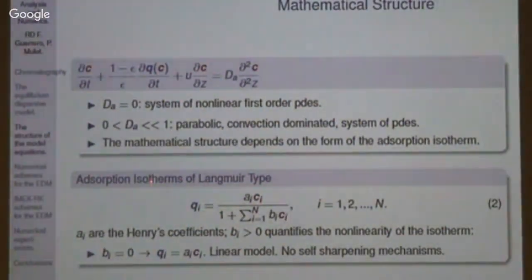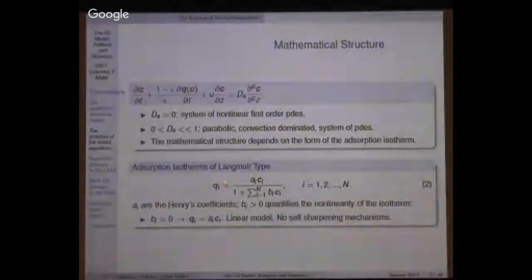So over here, in this talk, we're going to consider adsorption isotherms of Langmuir type, which correspond to the convex case, say, the easiest case. So this states that the concentration of the ith component on the stationary phase is proportional to the concentration on the mobile phase.